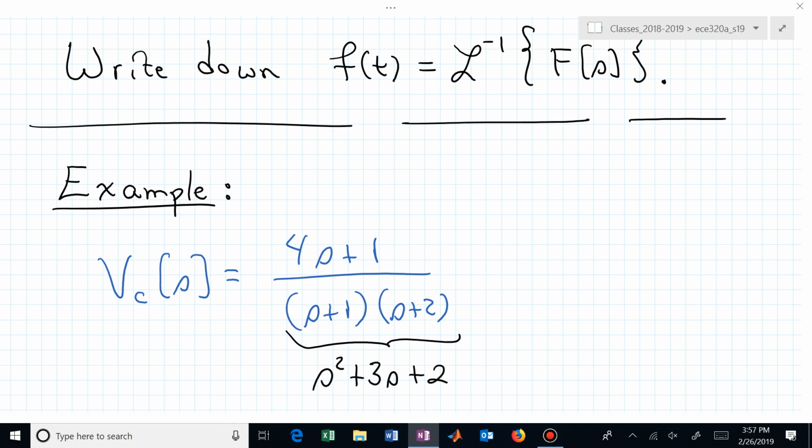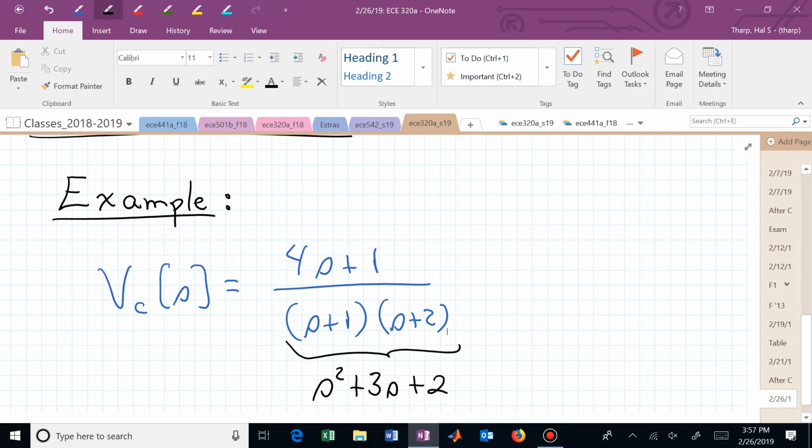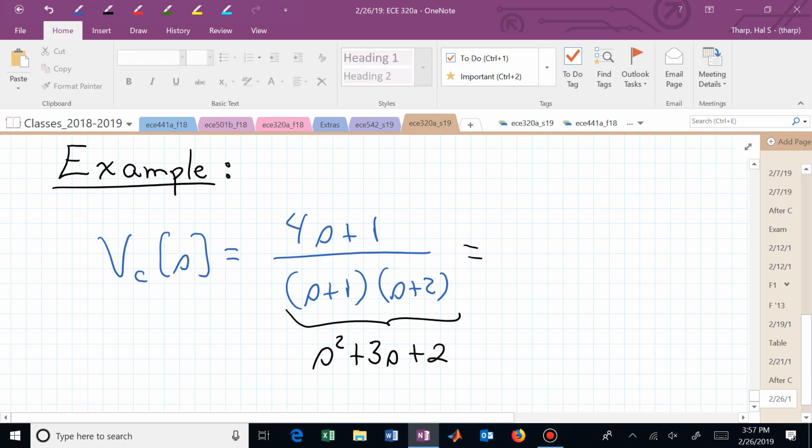Once we've factored it, what we want to do is expand this. Whoa, let's not do it in red. That'll make everybody nervous. So now what we want to do is rewrite this as a partial fraction expansion. We're using each of these factors in the denominator as individual terms on the right-hand side.